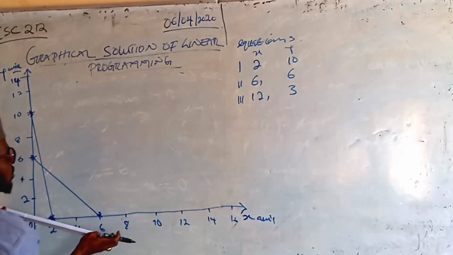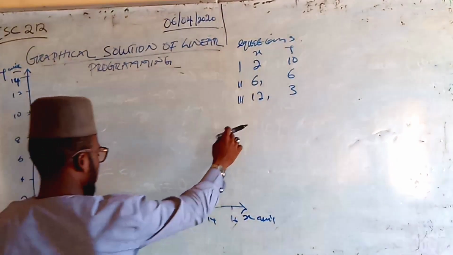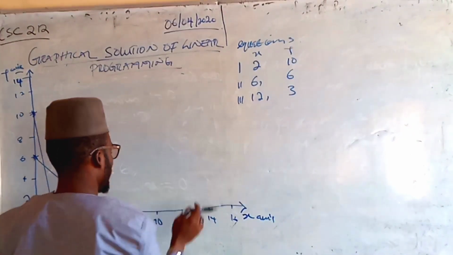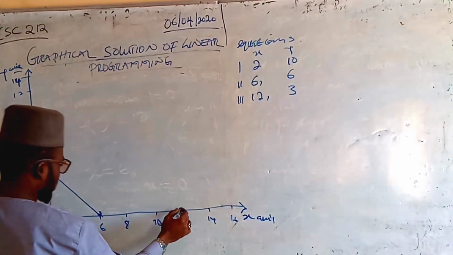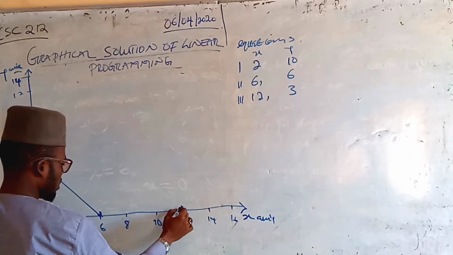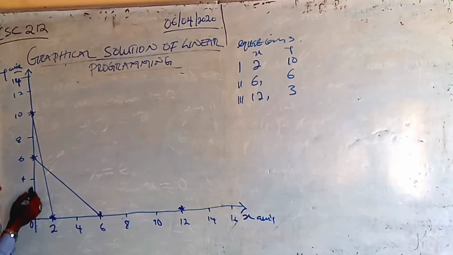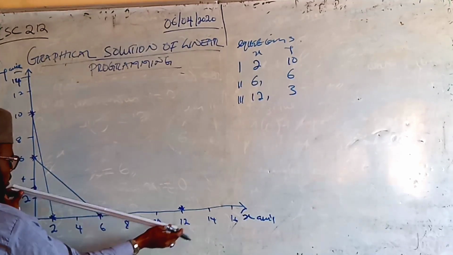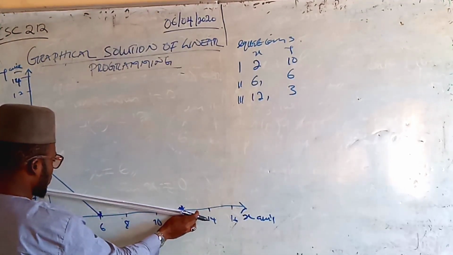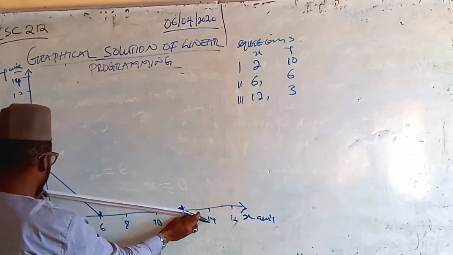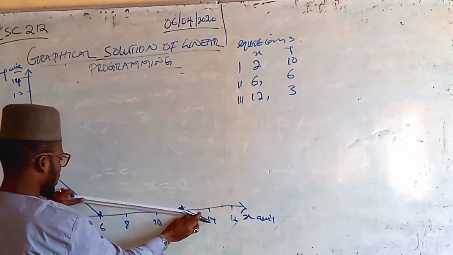And then the last equation, when x is 12, y is equal to 3. So when x is 12, then y is equal to 3. Since we don't have 3, 3 falls somewhere around this place. Then we are going to merge them together.